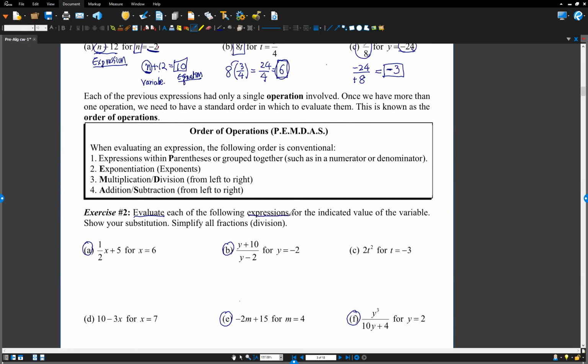We're going to evaluate: the variable is now assigned. When x equals 6, what is the numeric value of this one? Everybody try A, B, E, F, four questions. I'll give you some time. In a minute we'll go over it together, okay?